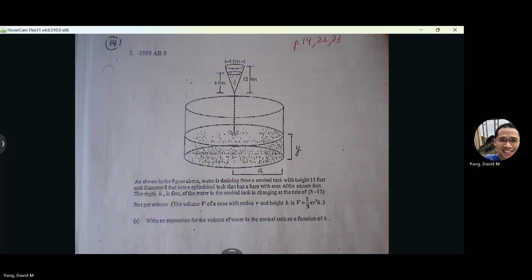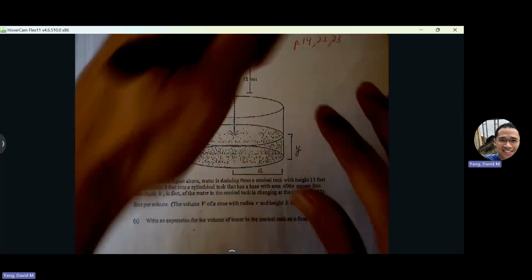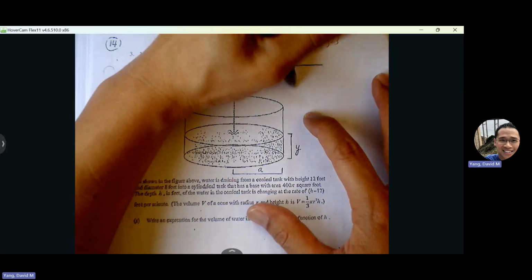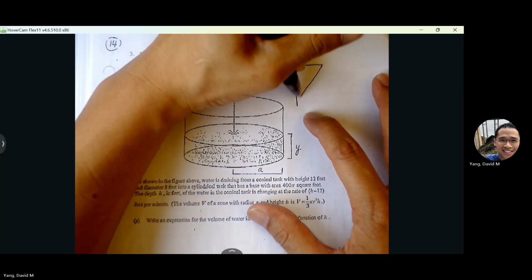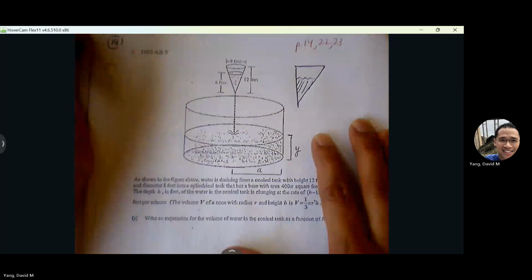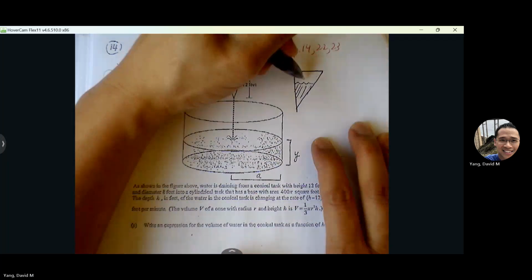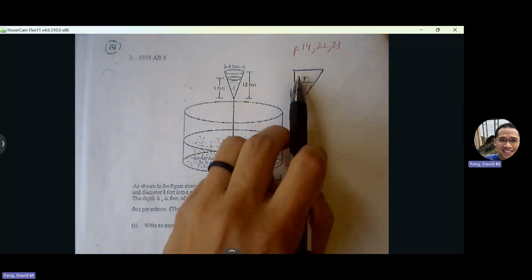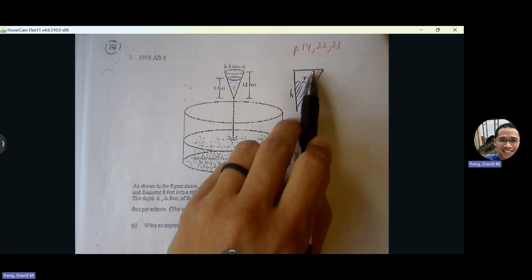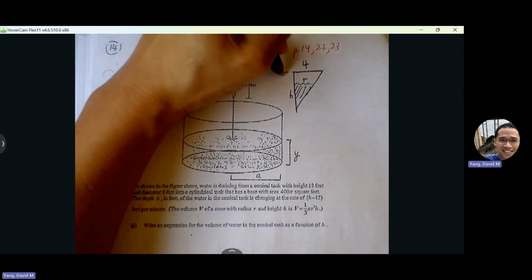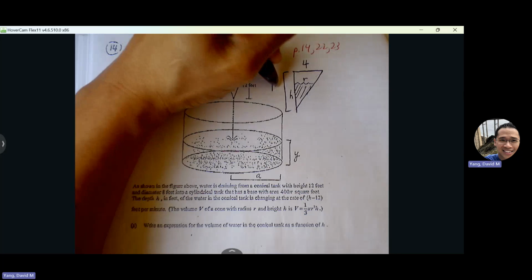So start with building your proportion, your similar triangle that you're going to use. All right. What's the radius of the tank? 4. And what's the height of the tank? 12. Okay.